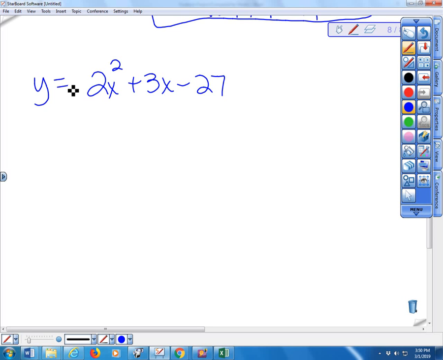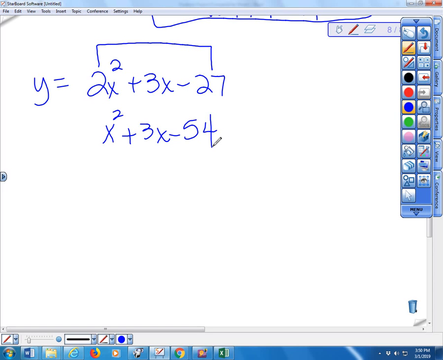We learned a factoring method called the bottoms-up method. The bottoms-up method says you take the leading coefficient, multiply it by the constant. Rewrite this with that product at the end.